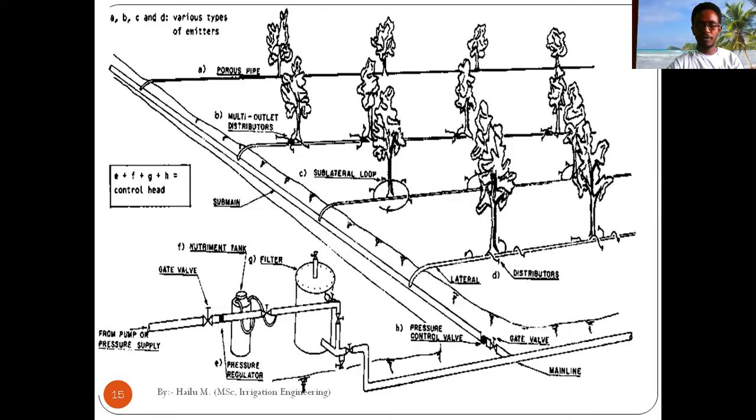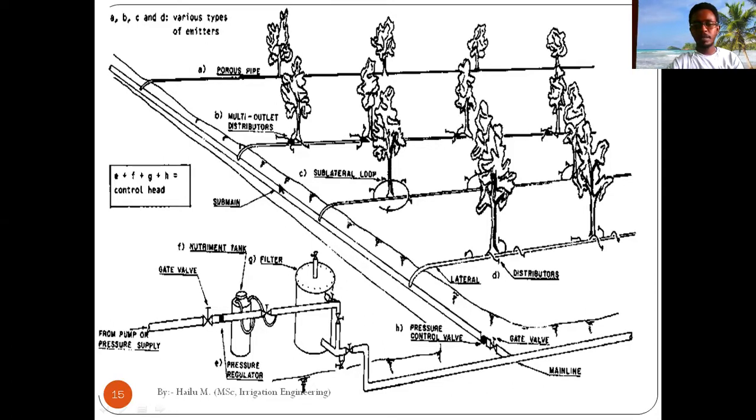And we also have a filter unit. Filter is there. Then pressure control valves are there. Then these are the main lines. From main lines, there will be a gate valve. From main lines, the water will enter into sub-main lines.